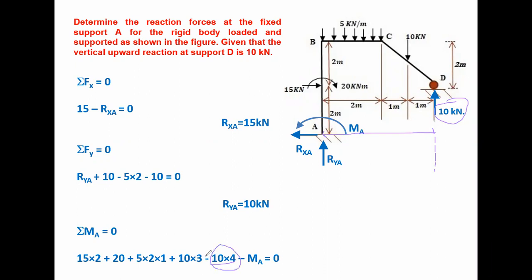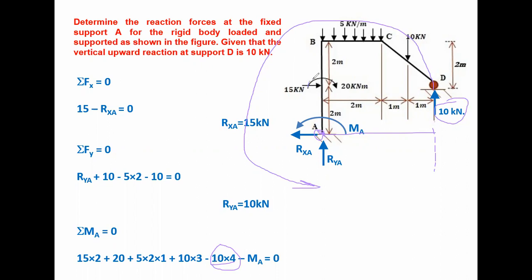Why are we getting a minus sign here? Because it is producing an anti-clockwise moment about point A. If we get an anti-clockwise moment about A, then we have to take a minus sign, because clockwise we are taking positive and anti-clockwise negative. Good.